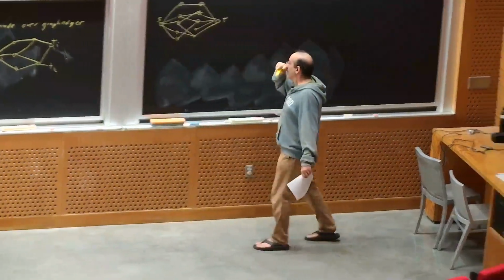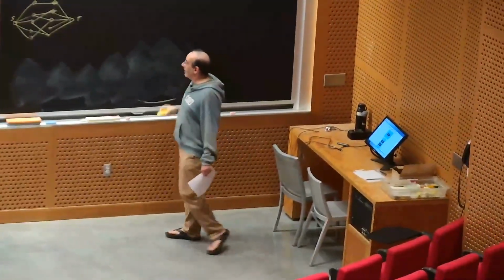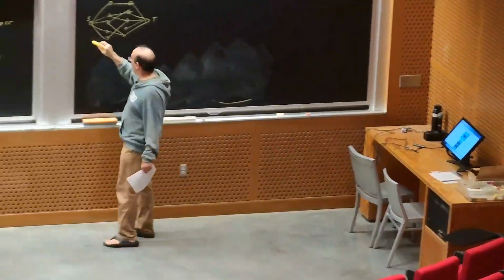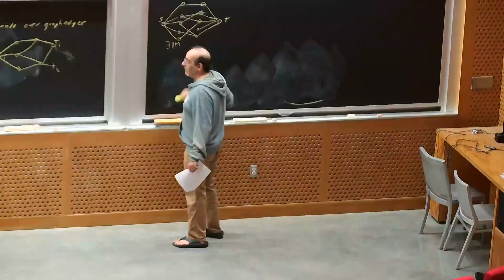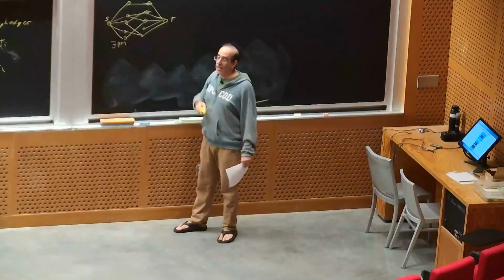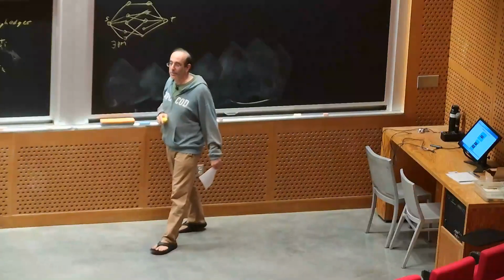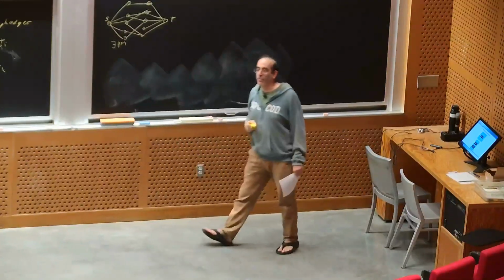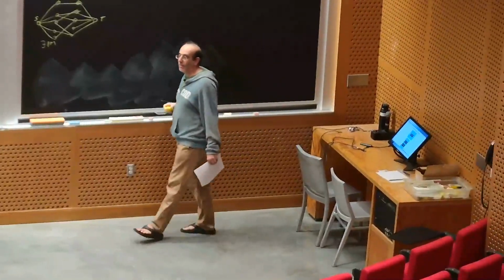And let's suppose that we know that there exists a perfect matching, and therefore the capacity of information from S to T is n. There are n disjoint paths from S to T.